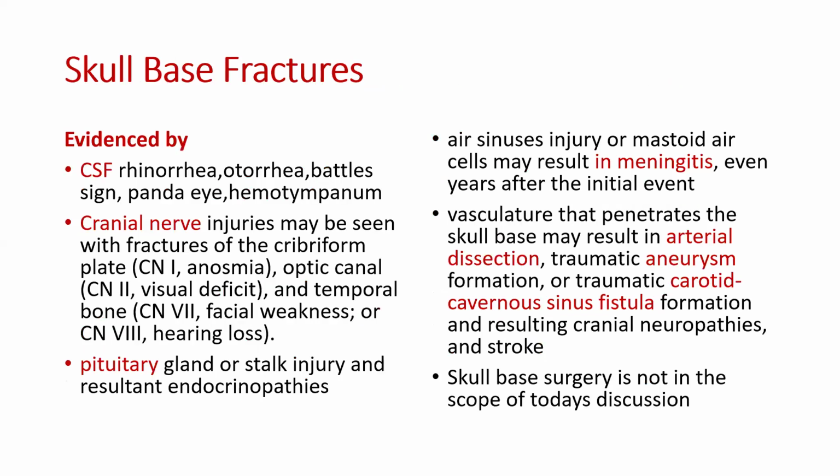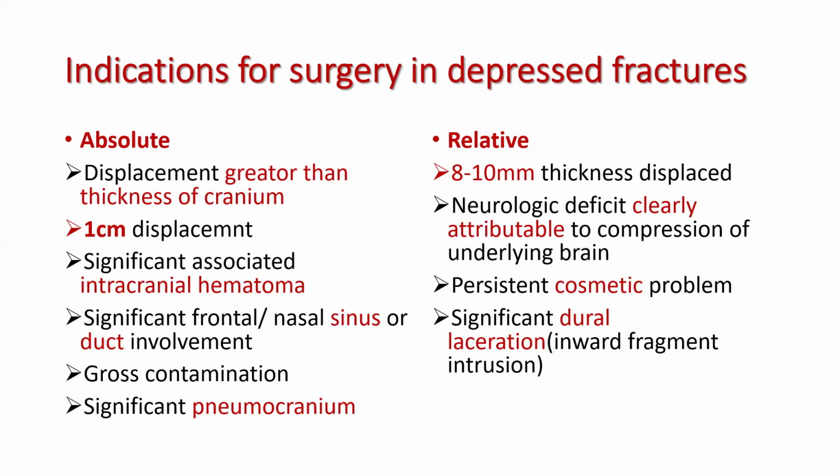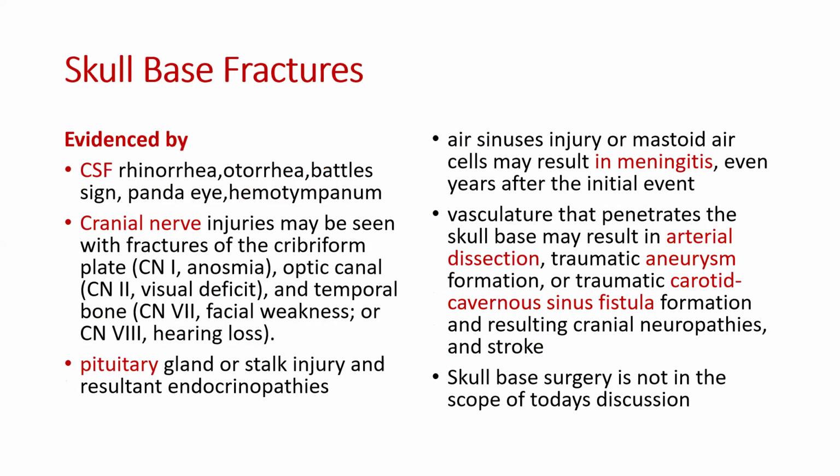So that is what we had on skull vault fractures. We will now move to skull base fractures. When the patient has a fracture of the base of the skull, we will see CSF leakage. We can see CSF leaking from the nose and from the ears.